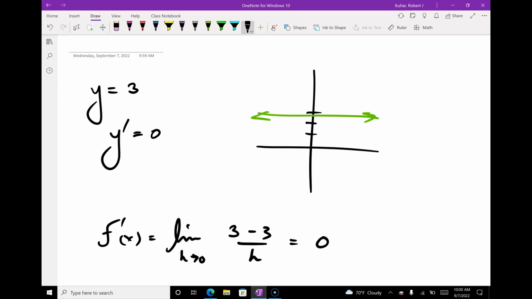H is the difference between my 2 points. So h is there, and there, and there. But again, what's the slope when h is 0? 0. Horizontal line. Slope of 0. When do you get that? When you're finding the derivative.